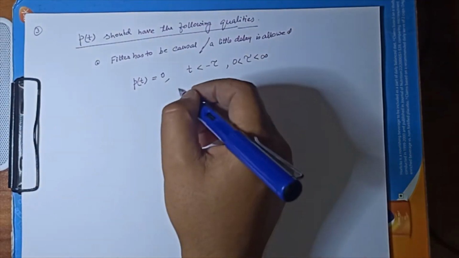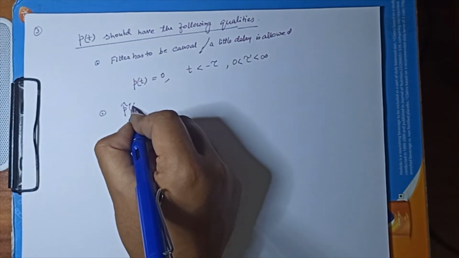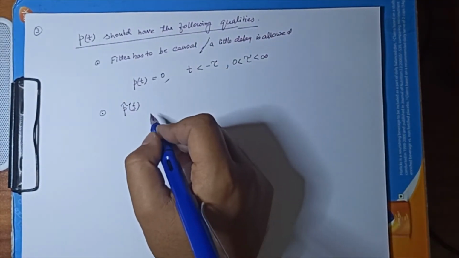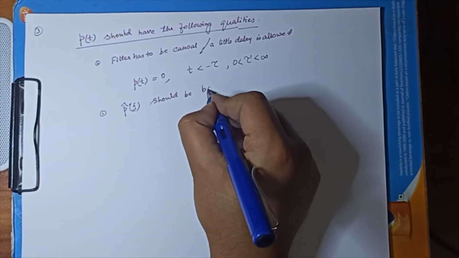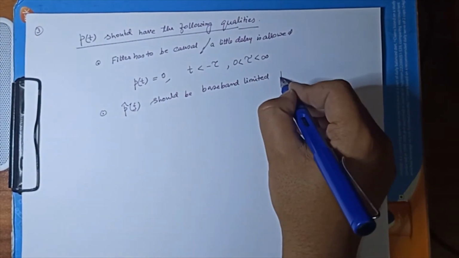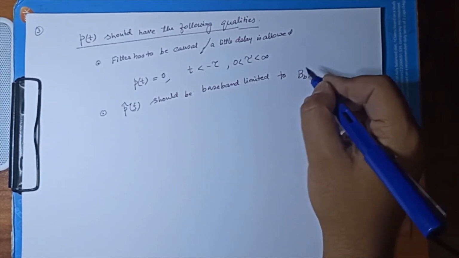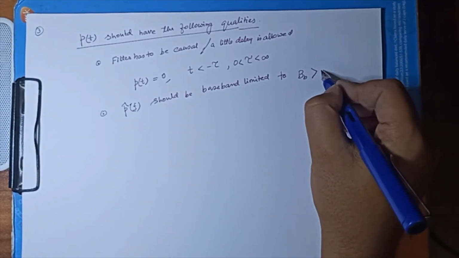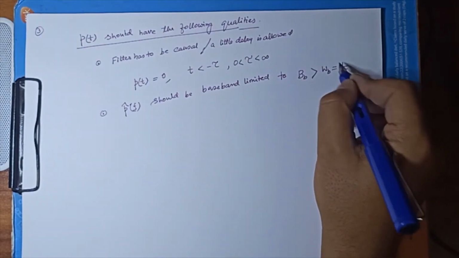So sinc is not allowed, definitely. Second, p(t) has to be band limited, baseband limited to some bandwidth, say B_B. This is the baseband bandwidth, and it will be a little greater than 1 by 2T, which I am naming W_B. These things we will discuss next.